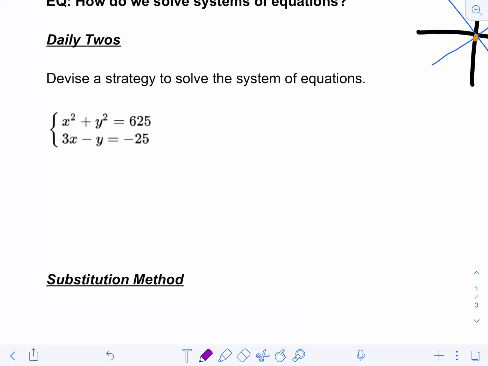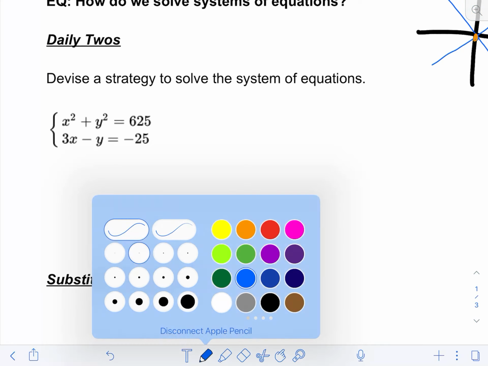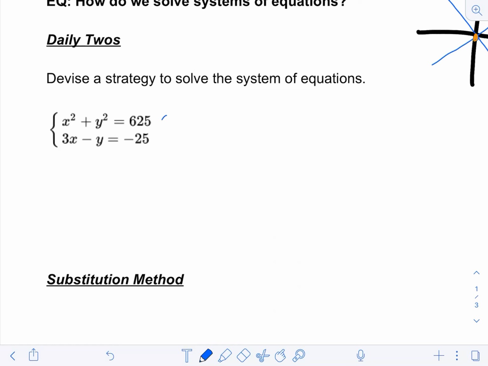So we're going to solve this system of equations. If you look at the equations, it's always a good idea at the beginning to write down what types of equations they are. The top one here, and I'm going to use blue to graph this top one, is a circle, x squared plus y squared. We have a center at 0, 0, because it's not x minus 3 or y plus something.